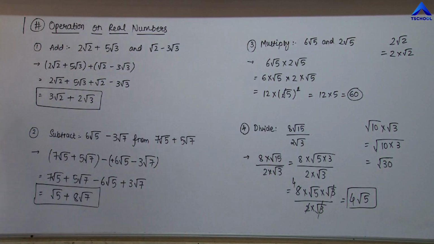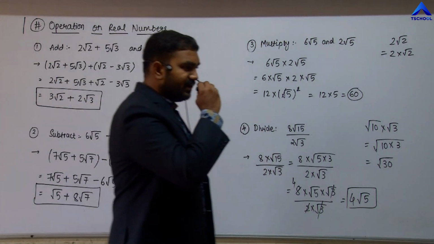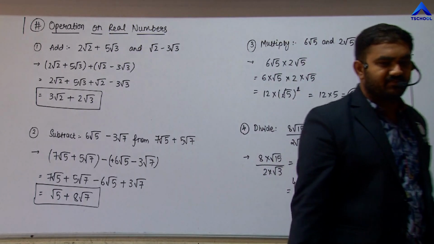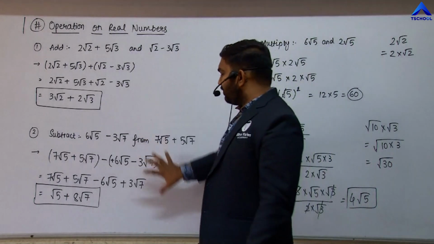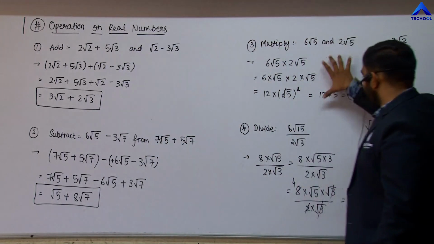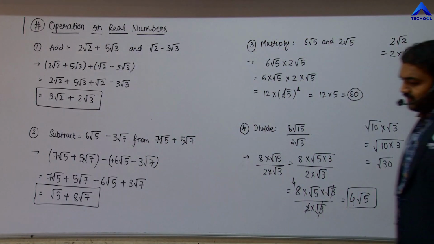So these are the simple operations on the real numbers. In fact, these are the simple operations on the irrational numbers that we can simply follow here, right? So adding the irrational numbers, subtracting the irrational numbers, multiplying the irrational numbers, and dividing the irrational numbers.